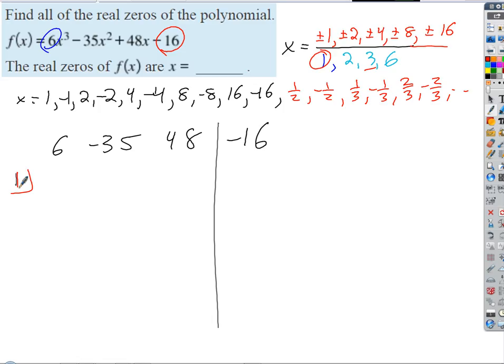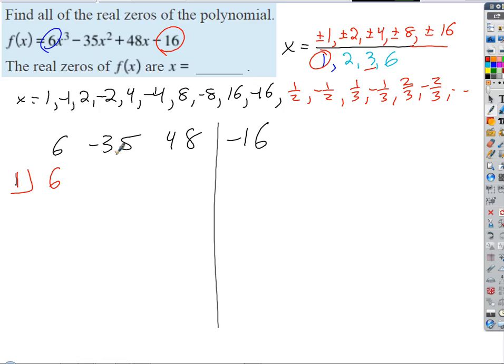And then remember how we do this. So what we're really doing here is we're finding what the bottom row of synthetic division would look like. So we bring the 6 all the way down. Then how do I get the next number on the bottom? What do I do? When a number shows up in the bottom, you multiply and add, right? So 6 times 1 is 6 plus negative 35 is what?